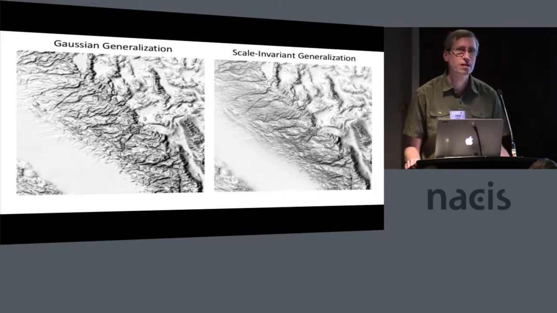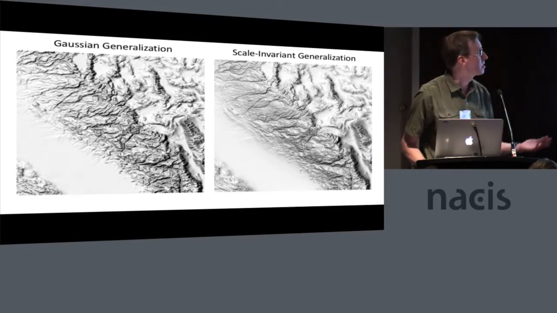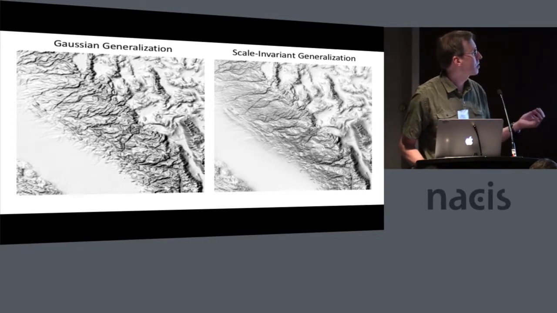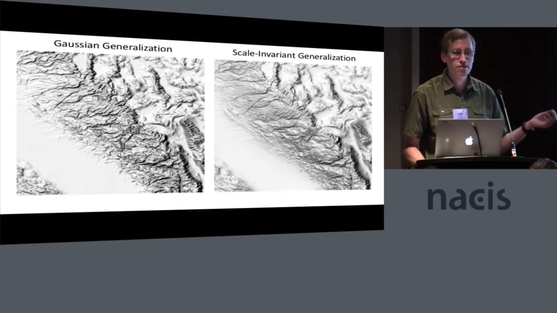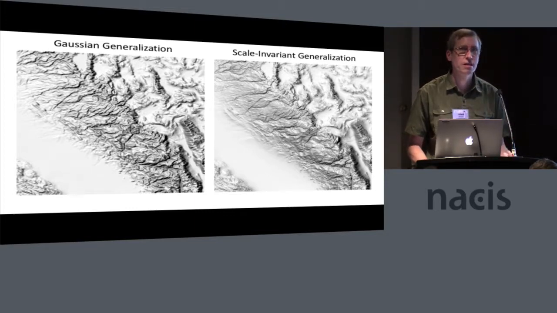And then just one more example with a somewhat smaller scale map. This is the Sierras, and this again is the two smoothing techniques. And one thing I notice here is with the scale invariant, even without adding the texture shading layer, there's a lot more texture there in the smoother areas because it hasn't completely eliminated those small details. They've just been reduced in size.